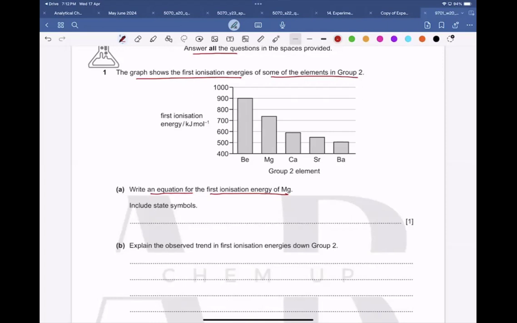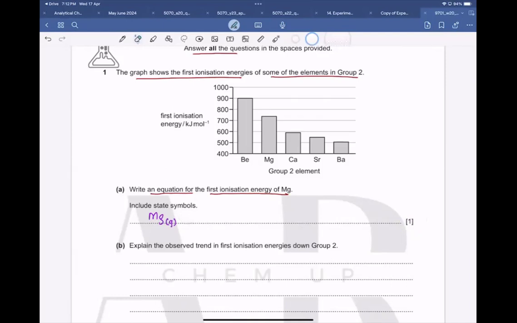Okay. So first we will write the magnesium atom and we put the state symbol gas. See, they have mentioned include state symbol. So if you don't include any state symbol, if you missed it, whether your equation is correct or wrong, you will lose this mark.